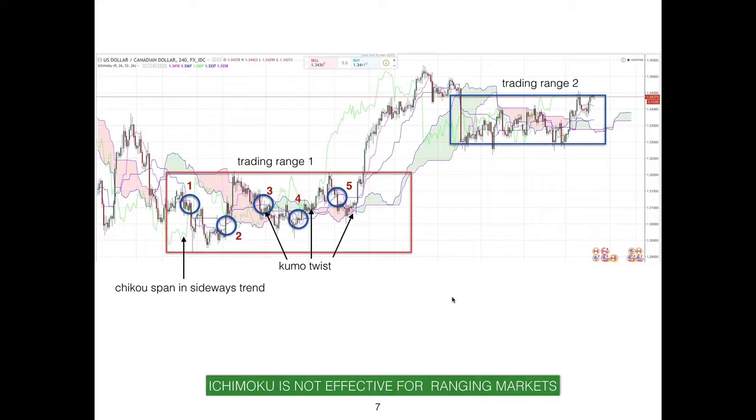So if you are trading using Ichimoku within this range, you are more likely to lose money than to earn because the signals are very confusing. So your profit potential will not be worth the trouble. So after all the false twists and crossovers, the Chikou span finally breaks above the range and made higher highs.